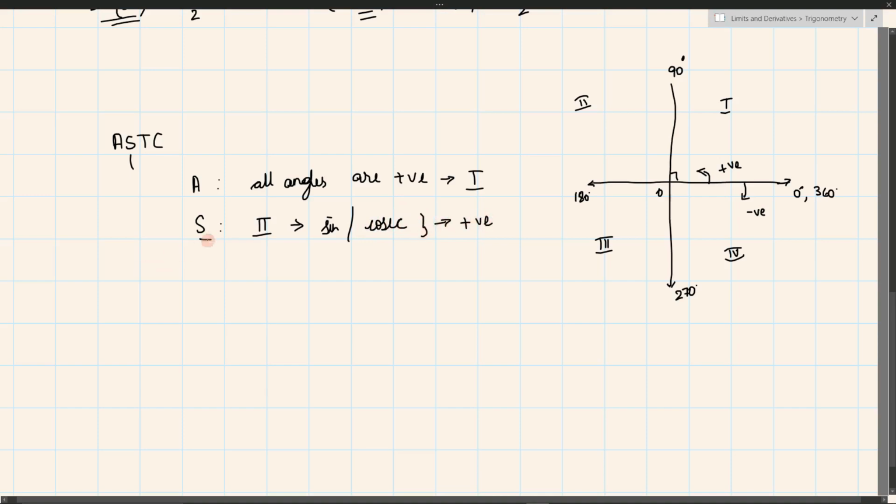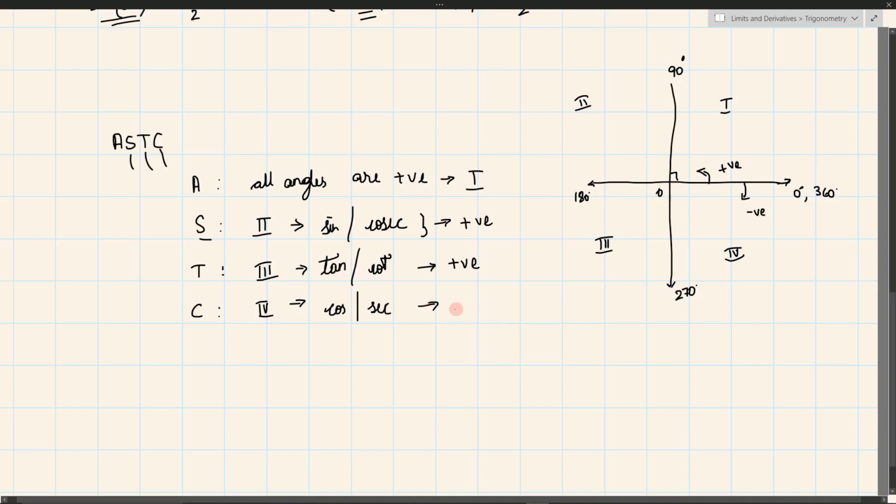In the third quadrant we have T, that is nothing but tan. In the third quadrant we have only tan and its reciprocal, cot. Only these two are positive. The fourth letter is C, that is, in the fourth quadrant we have cos as well as its reciprocal, secant.